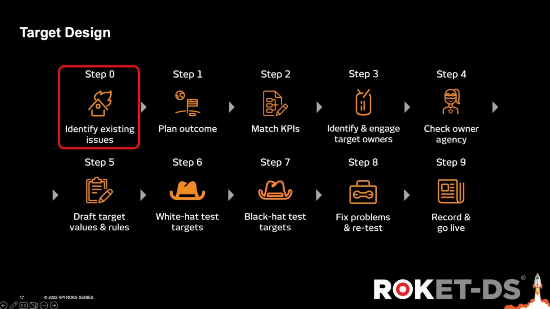Here, you walk through the targets and understand how they are expected to work, so you can make a test and see how they work. In number 7, black hat test targets, this is more about drafting the targets, but using reverse brainstorming.